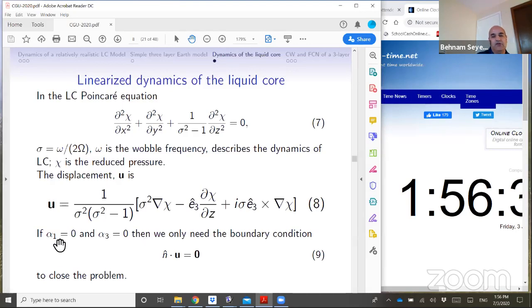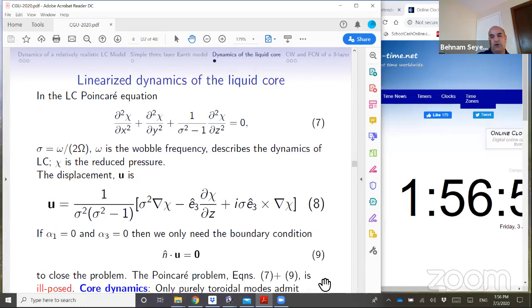And if there is no wobble, if we only consider uniform rotation, then n dot U is equal to 0. These two together are known as the Poincaré problem, which is well known in core dynamics.